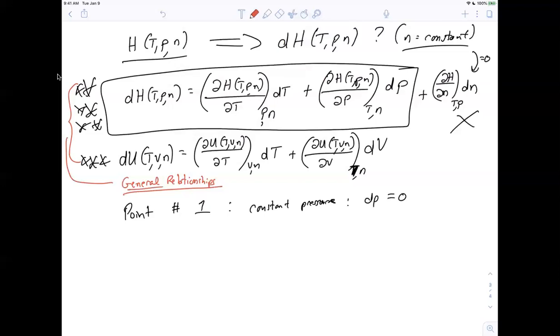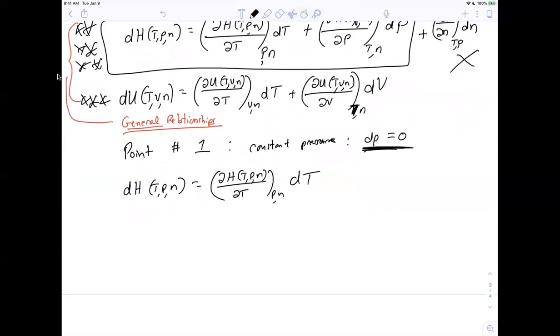All right, so point number 1, going back to this: at constant pressure, dH of temperature, pressure, and N, the dP term is going to vanish. So I'll be left with only the partial of H with respect to temperature at constant pressure. Now remember, in that total differential expression I would have another term, the partial of H with respect to P times dP. But dP is 0, so we don't have to worry about that term.